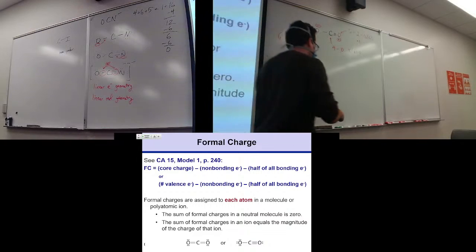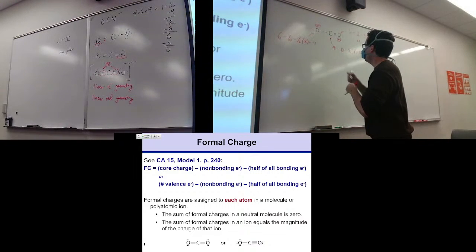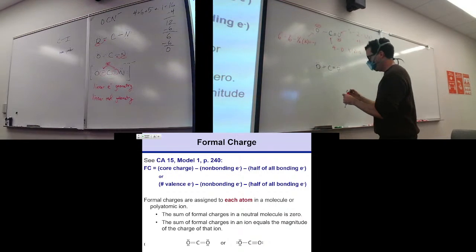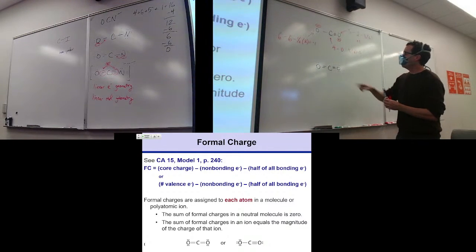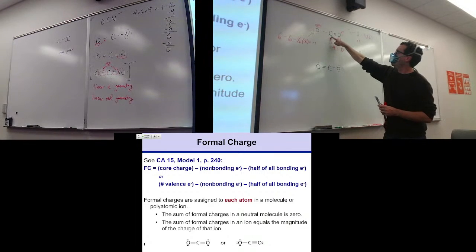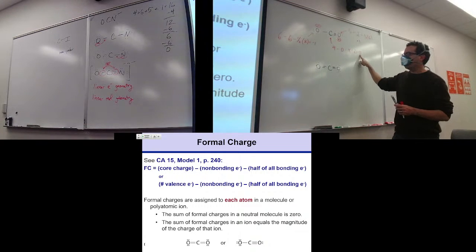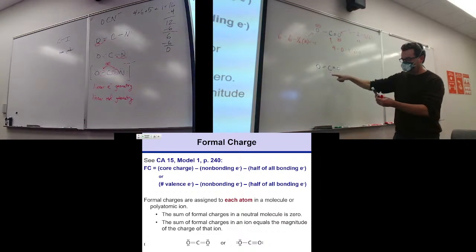If I were then to do CO2, I'm going to warn you in advance. A carbon with 4 bonds and no lone pairs is going to be 0 formal charge. It's the same calculation. So that's 0.